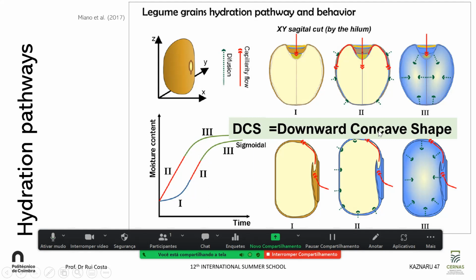So this is the way the water always enters, but sometimes this part is very fast, and we don't have this first phase. Okay? But if this first part is slow, we will have this first period of the sigmoidal curve. So the water enters slowly, and then at a certain point starts to accelerate the rate of uptake.